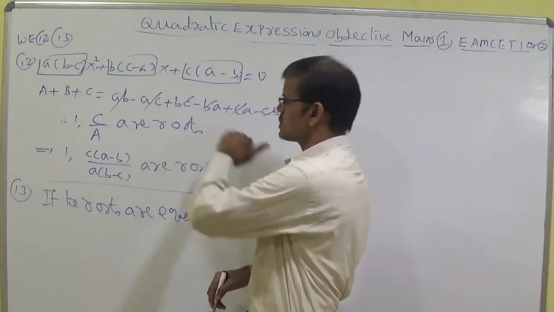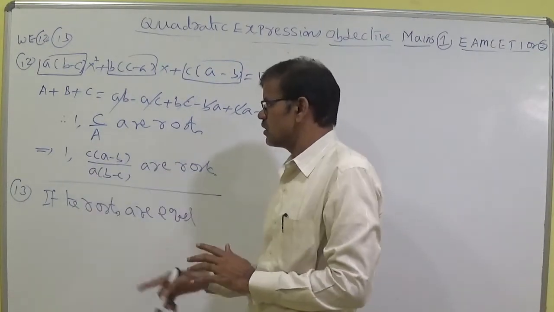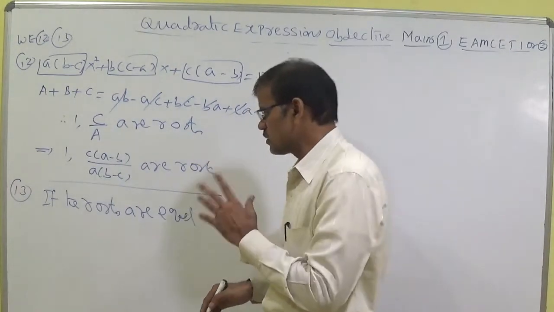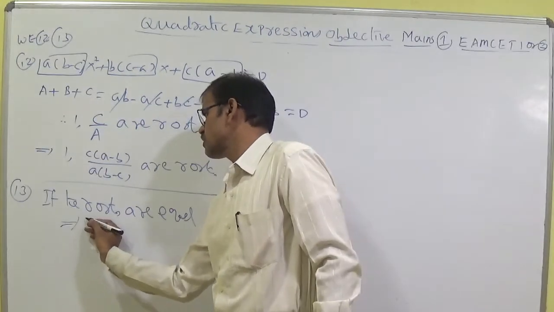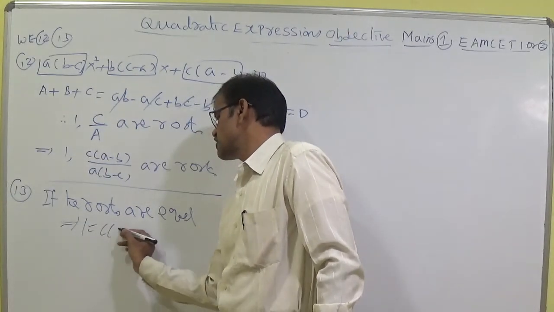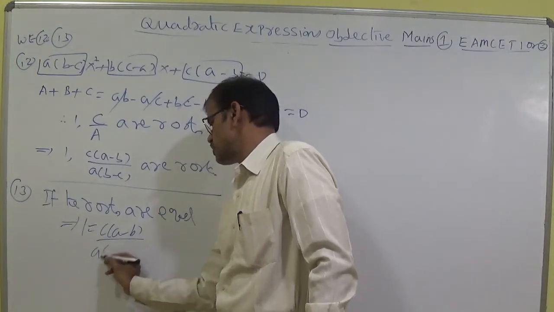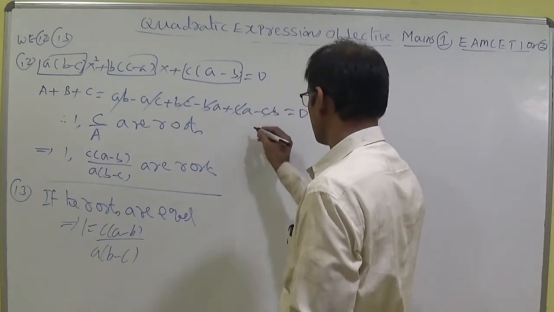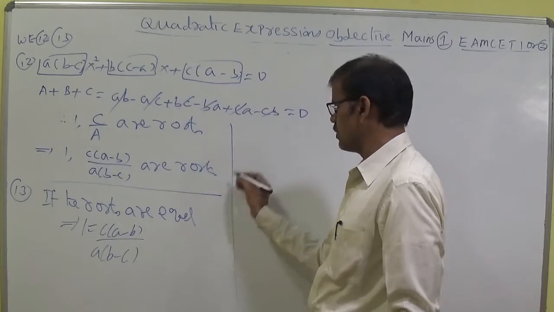But in this case, if we equate 1 to this one, it is far better than delta equal to 0. That implies I am writing 1 = c(a - b)/a(b - c).